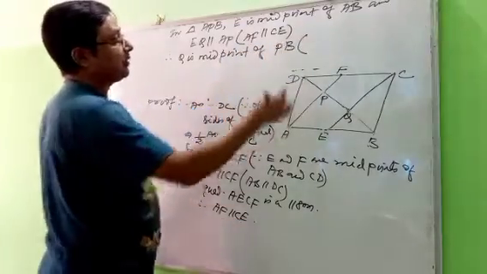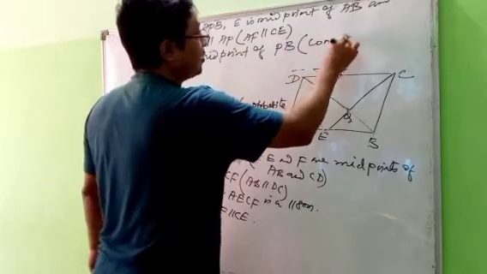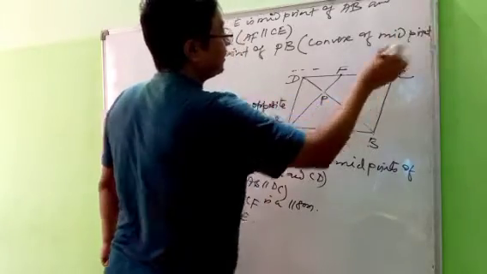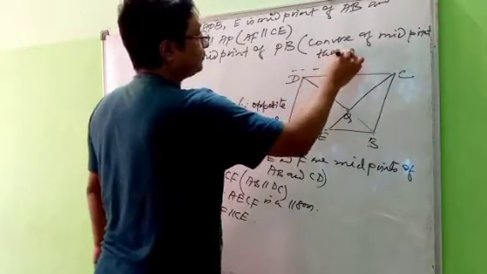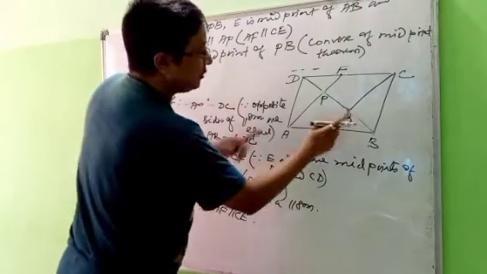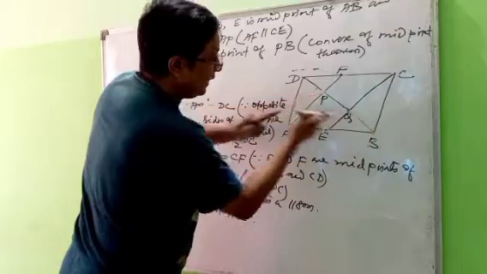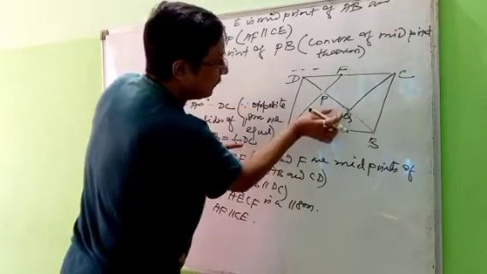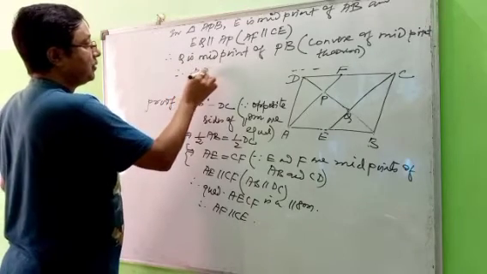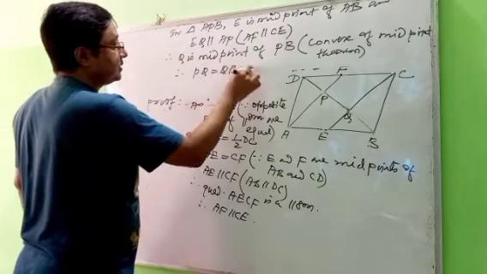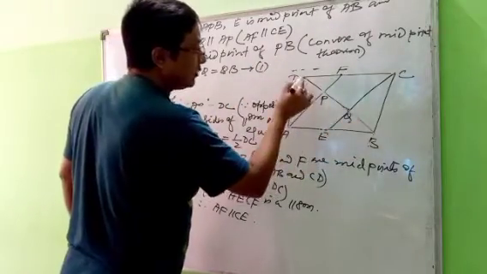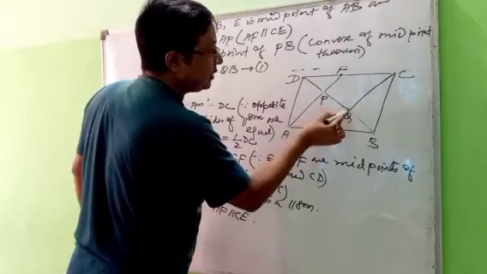This one you have got by the converse of the midpoint theorem. So since Q is the midpoint of PB in the triangle APB, therefore PQ equals BQ. Therefore PQ equals QB. This is equation 1. So you took this triangle. Now you will take the triangle DQC.